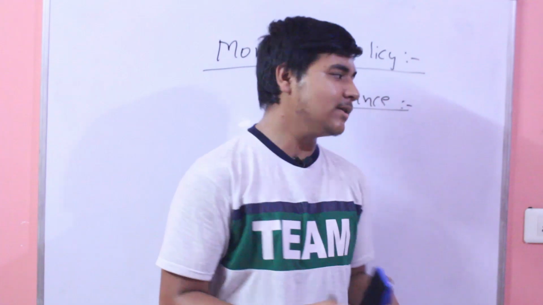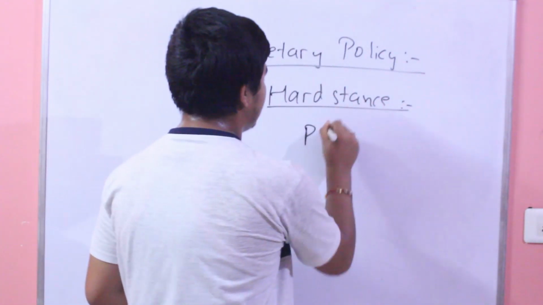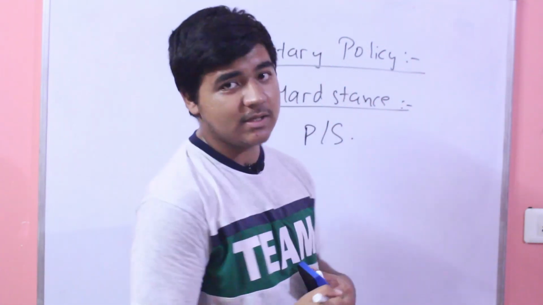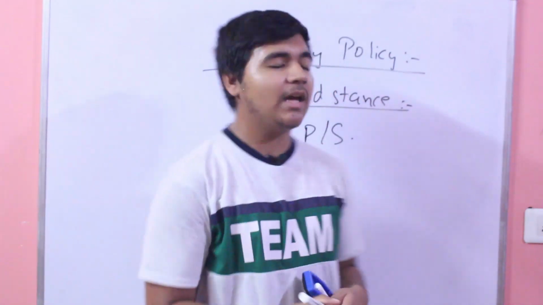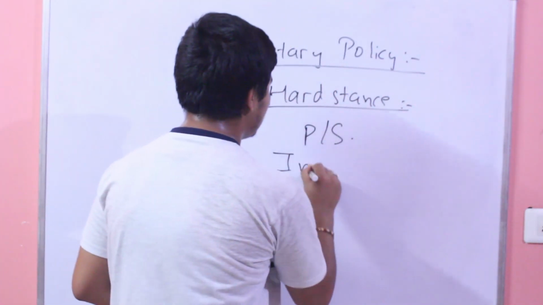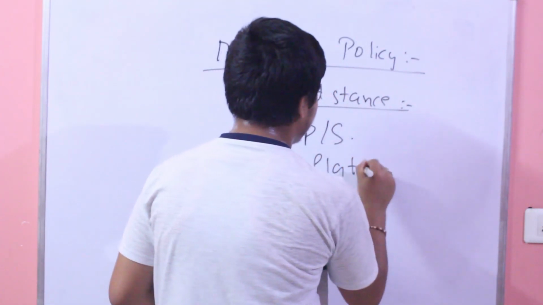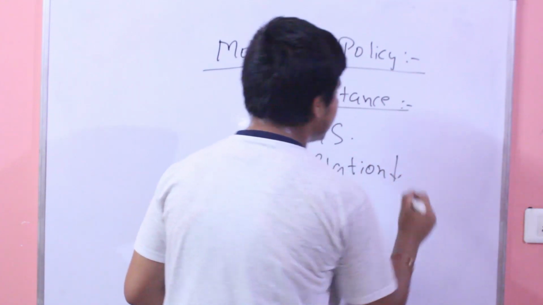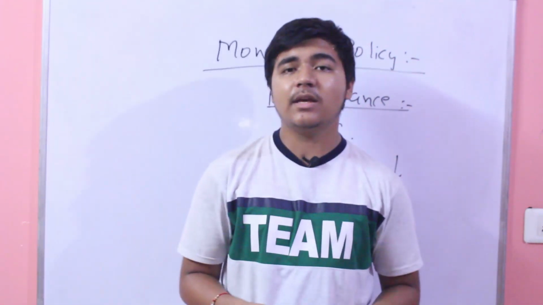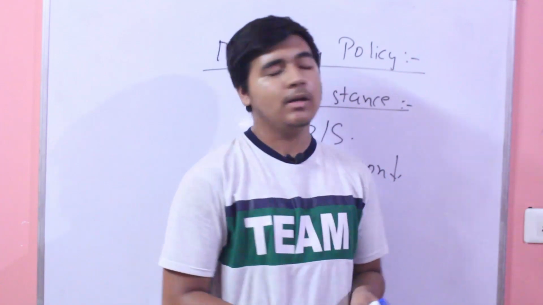So the consumer will not take loans, and hence the products and services would not be purchased, due to which the inflation will decrease. So whenever there is a need to decrease the inflation, the RBI increases its repo rate.